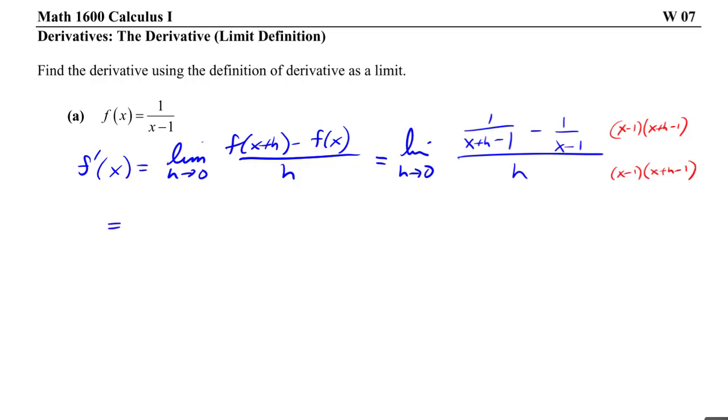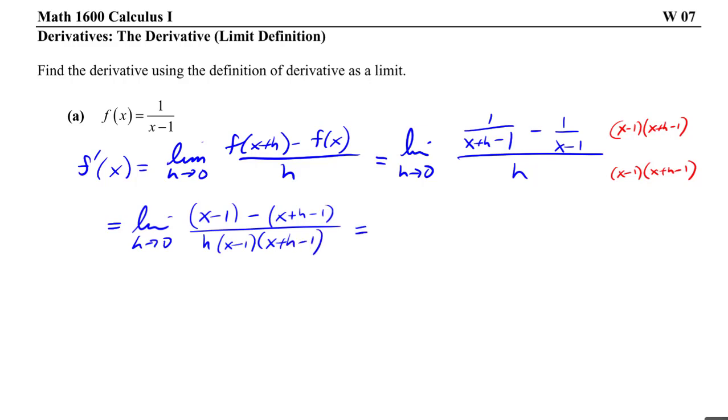Okay, so when I multiply this times this, I get canceling of x plus h minus 1. So I just get, limit first, I am left with x minus 1 minus, and then the second one I'm left with x plus h minus 1, and then all over h times x minus 1 times x plus h minus 1. Keep working.